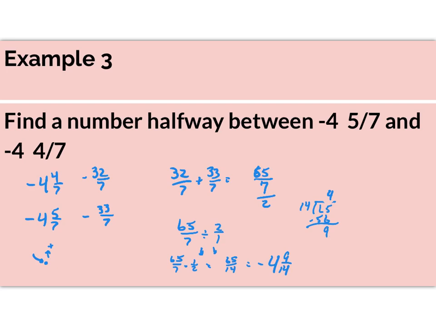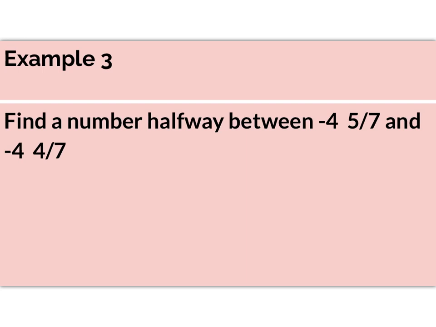Okay, so let's try this a different way. Another way of doing this, and this is a much simpler way. Negative 4 and 4 is the same, so all we really have to do is deal with the fractional part of the numbers.